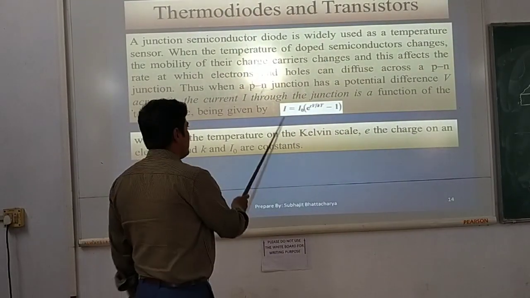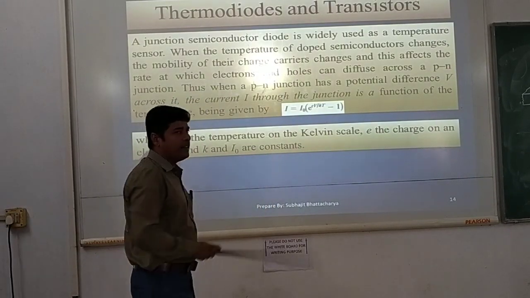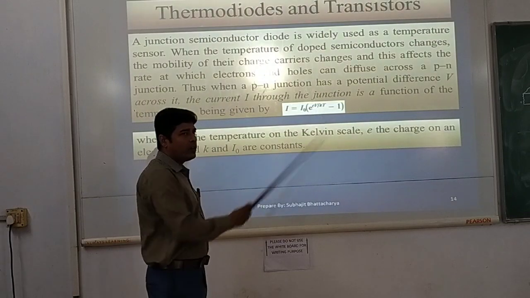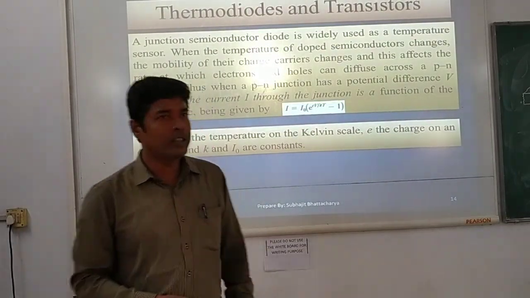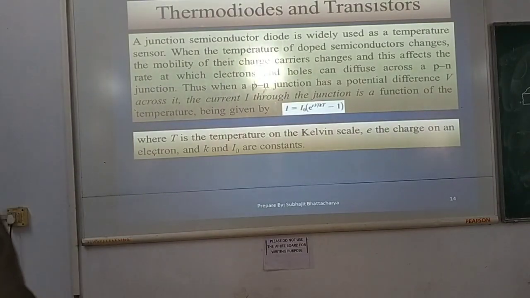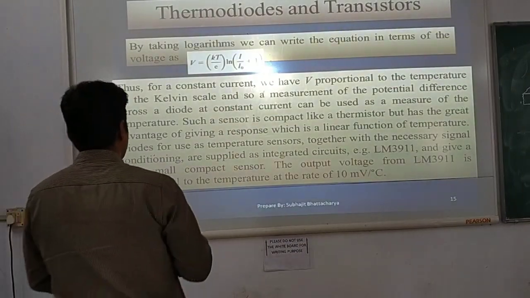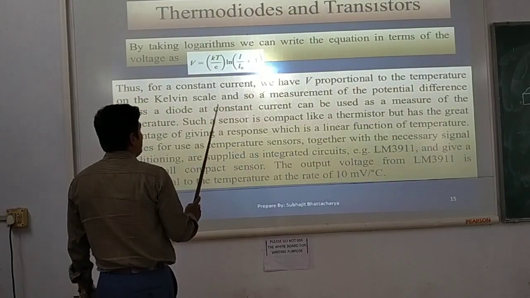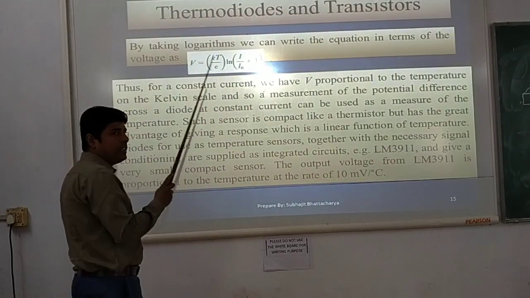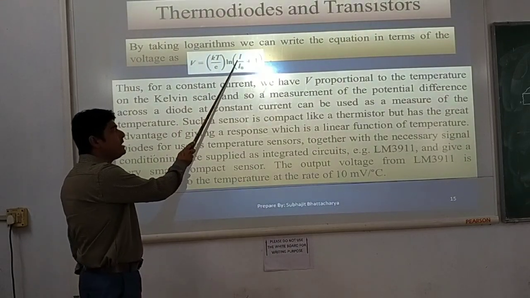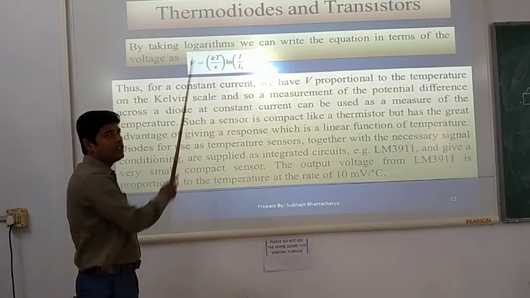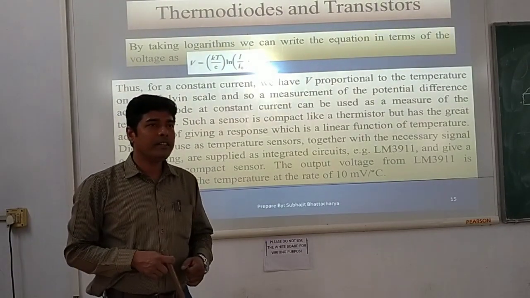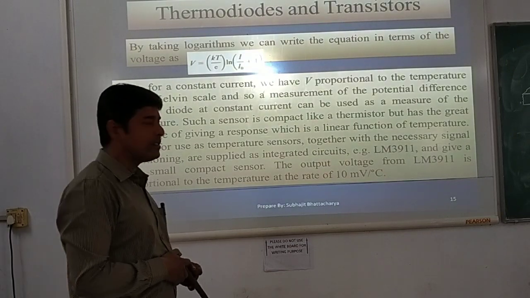So if we take logarithms on both sides of I/I0 + 1 = e^(eV/kT), we can find this relationship: V = (kT/e) ln(I/I0 + 1). Now, if we keep the current I constant, we can see V is proportional to the temperature. In this way we can make the sensor a linear sensor.